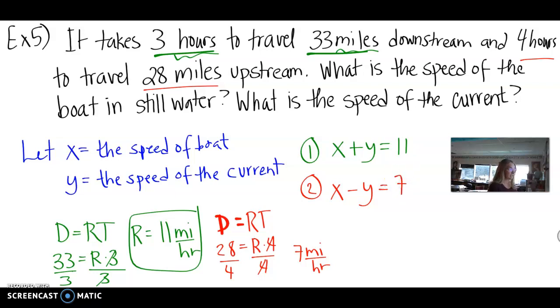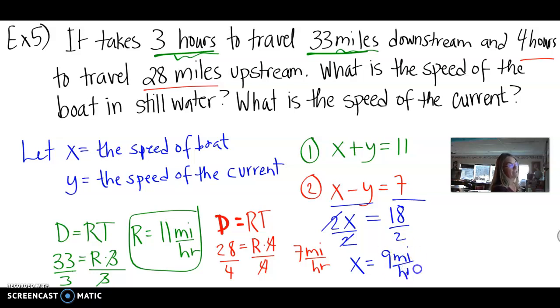And now we can take this, it's set up perfectly for solving by elimination. The y's are already opposite, so you can just add straight down. I got 2x, positive y minus y is 0, 2x equals 18, and divide by 2, and you get x is 9 miles per hour.